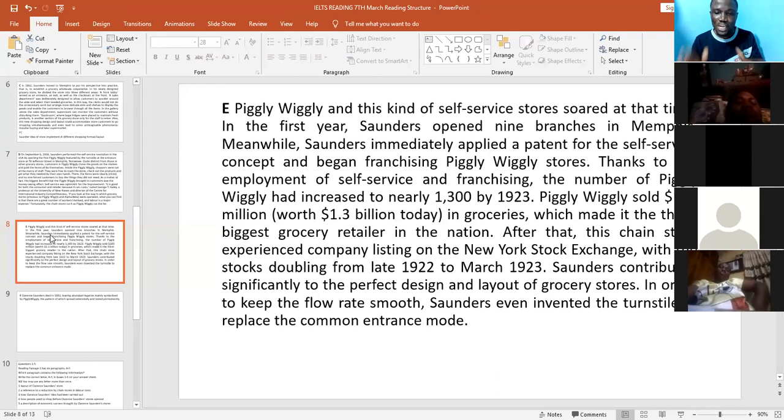I want you to read this paragraph 5 and give me the main idea, please. When you give me the main idea, whether you capture it properly or vaguely, I will open the question. You will determine which question it can answer.